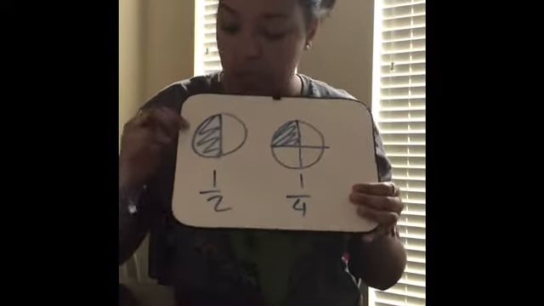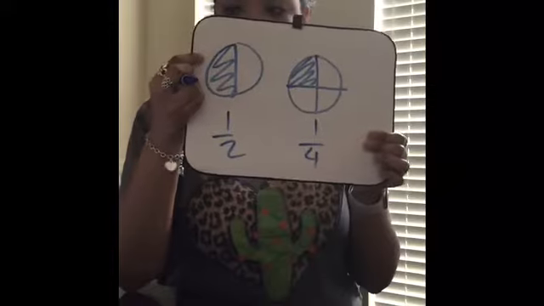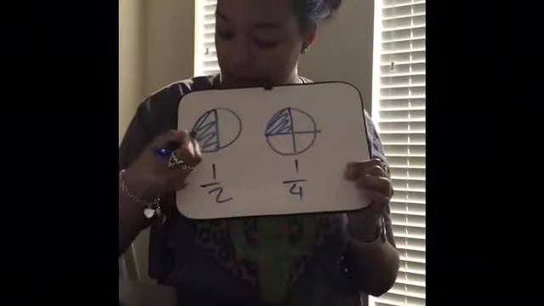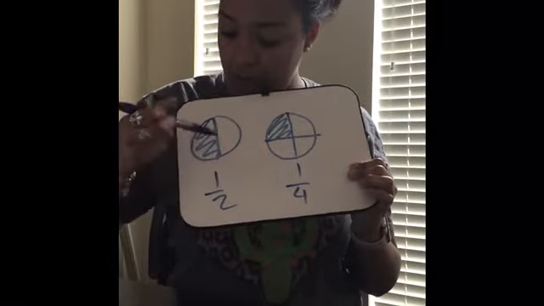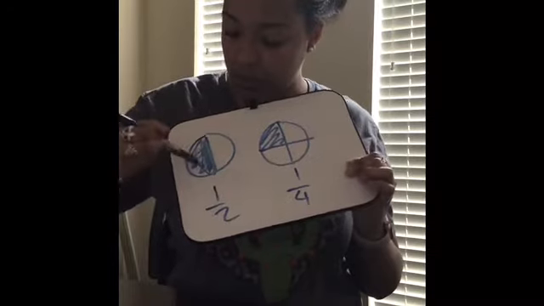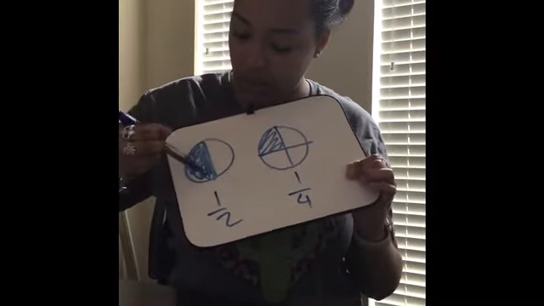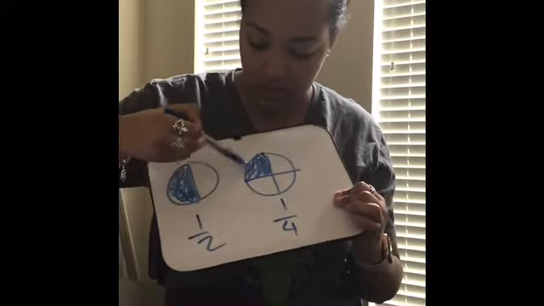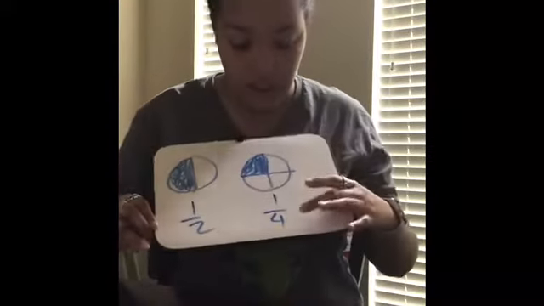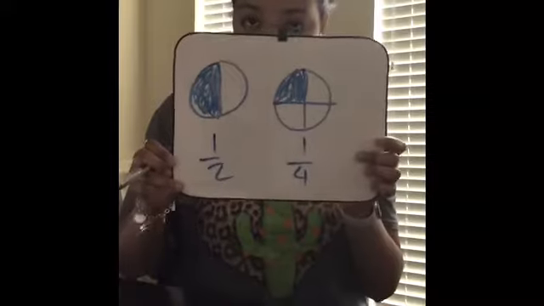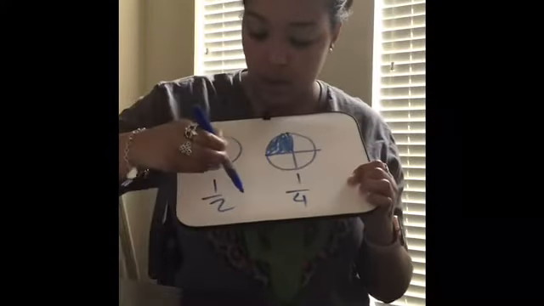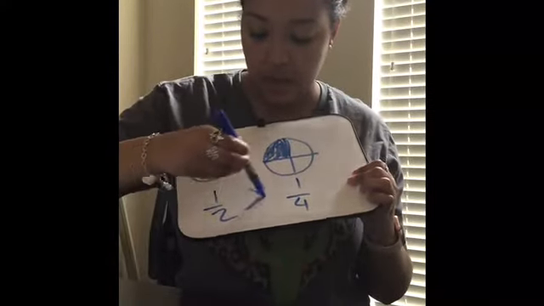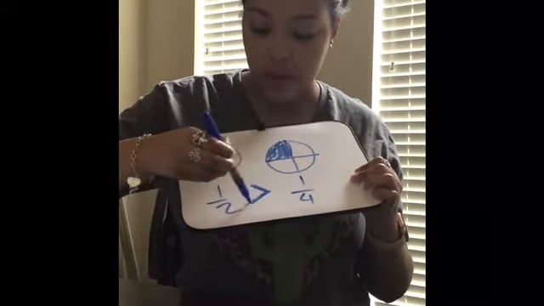If you look at the picture, most of the 1/2 is colored. The 1/2 is colored. And the 1/4 portion is less than the 1/2 portion. Okay? So 1/2 is greater than 1/4.